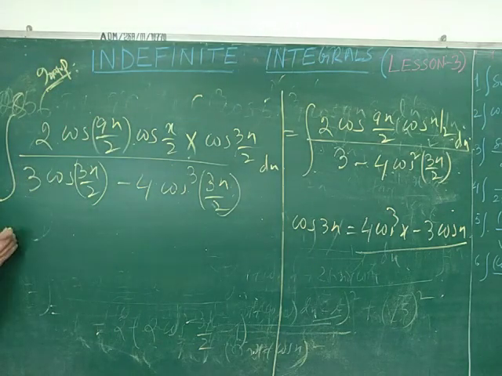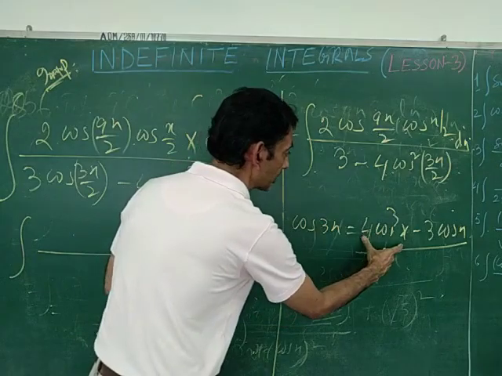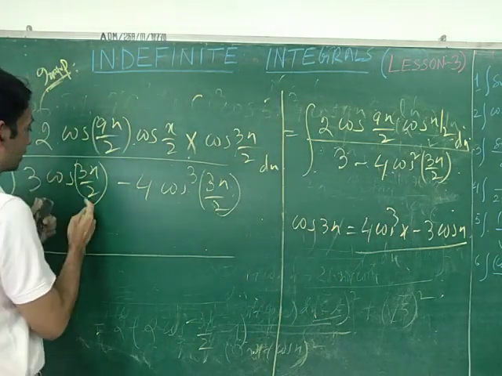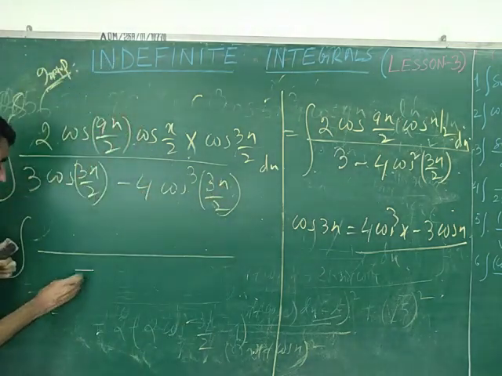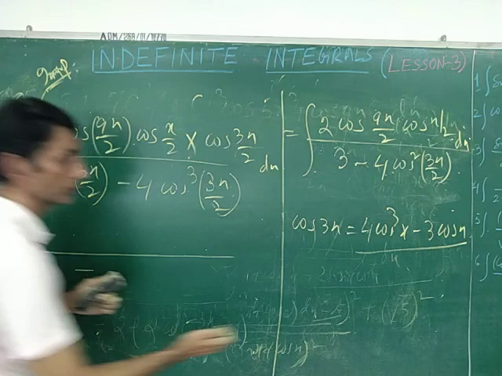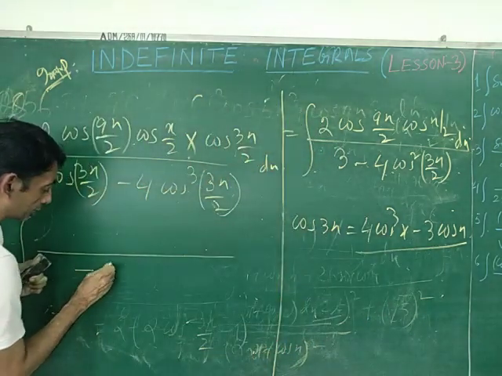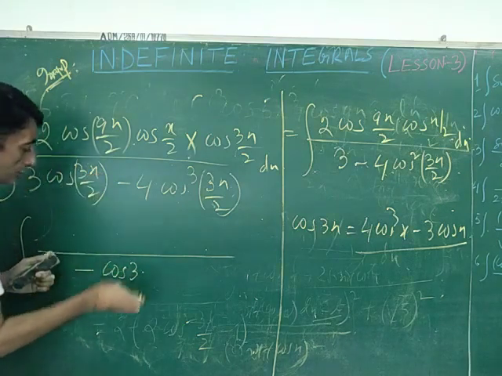I have shown you the logic of why we multiplied. Next, we know that cos 3x, this will be the first term and this will be the second term. Therefore, 3 cos 3x by 2 minus 4 cos cube 3x by 2 is equal to minus cos 3x, because if you reverse the order there will be a minus sign. So we can write minus cos 3 into x. What is x? x is 3x by 2.